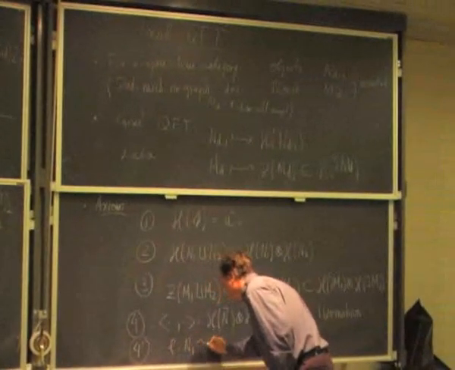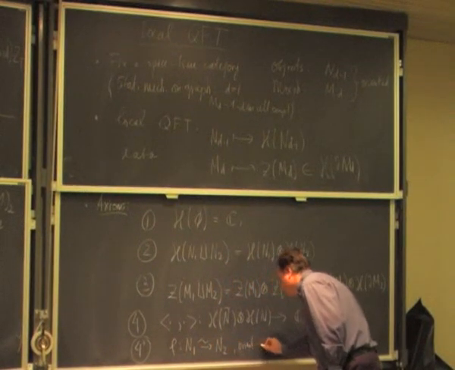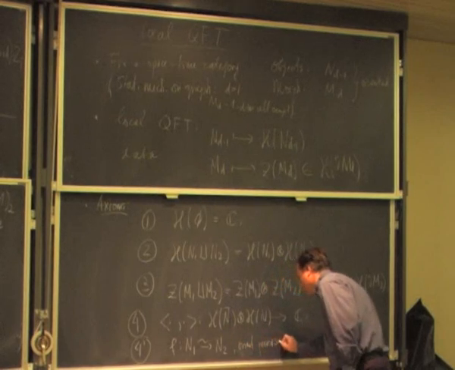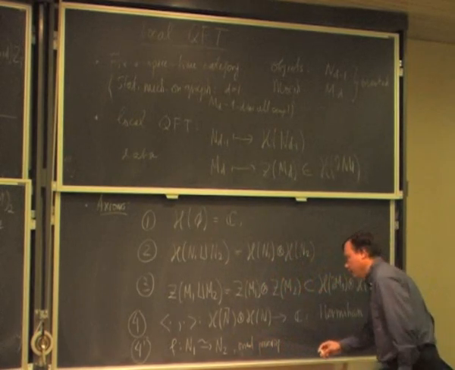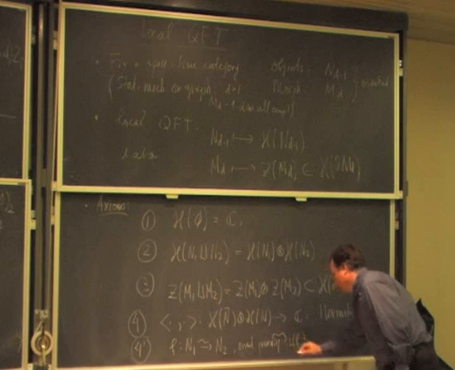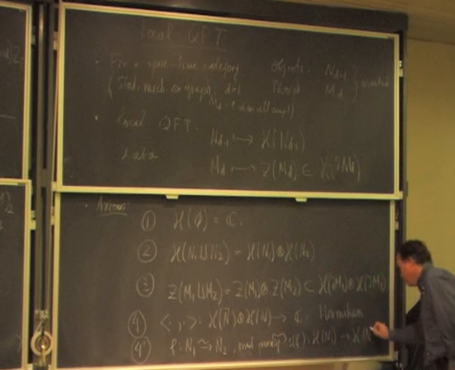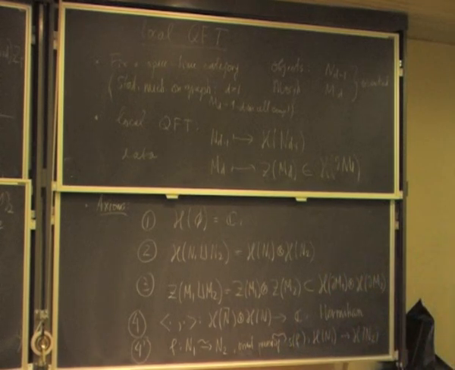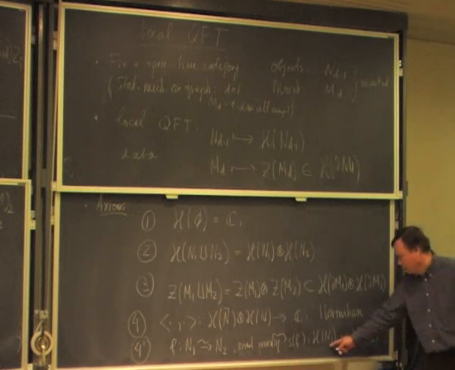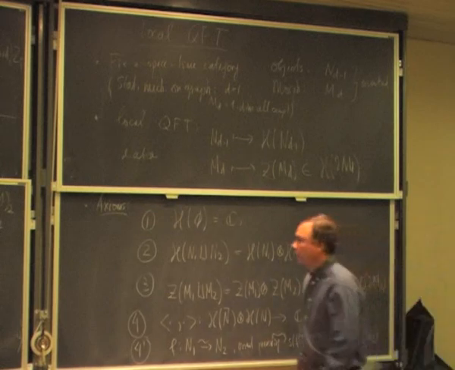If we have an isomorphism, say orientation preserving isomorphism, then it leads to a linear map of vector spaces.